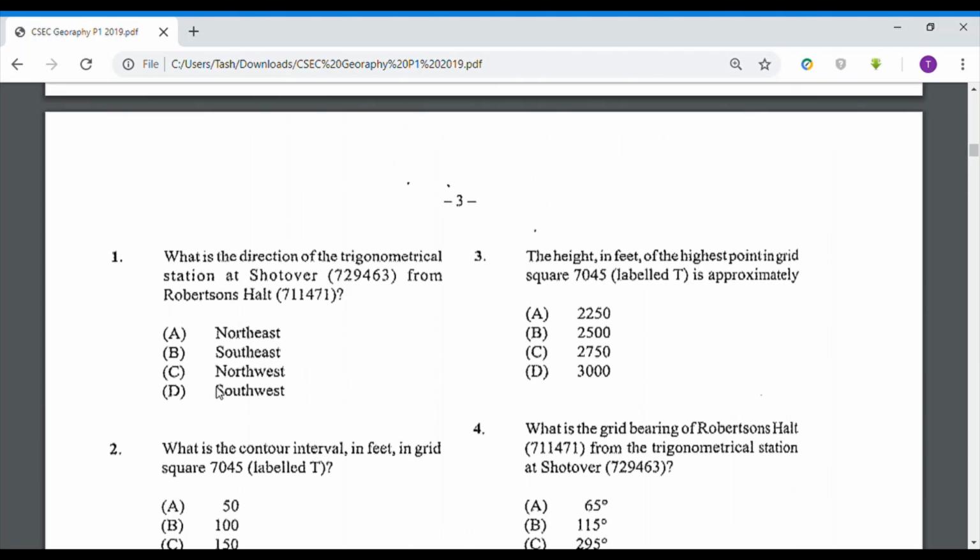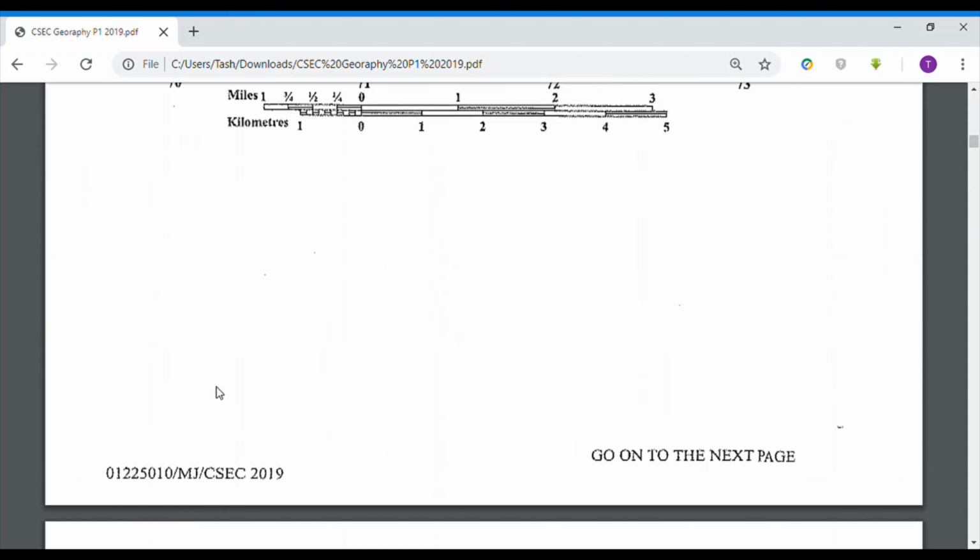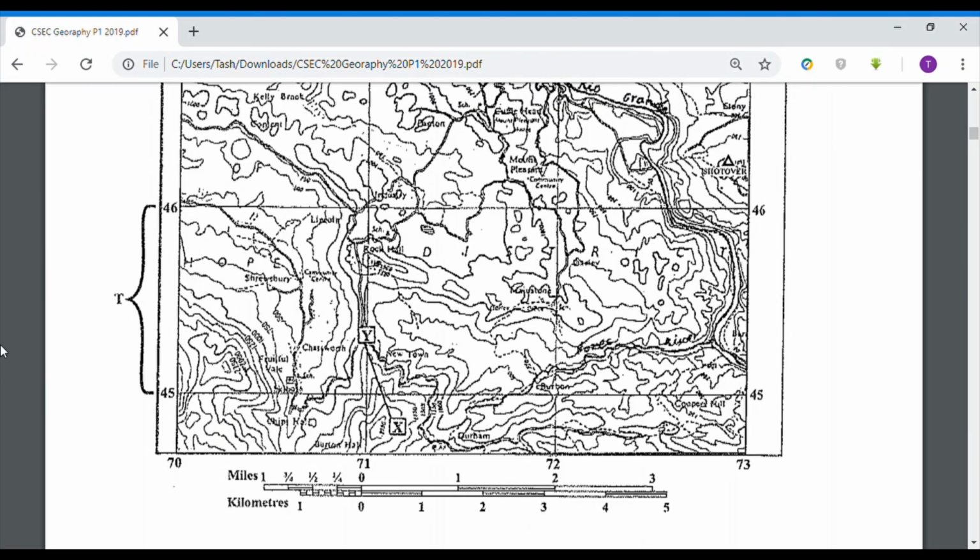For number 3, the height in feet of the highest point in grid square 7045, which is labeled T. So they're asking you to identify the highest point in the grid and say what the height is in feet. Back at the grid here, started at 500. If we're going up by 250, even if it is a little difficult to see the numbers, you know that you're going up by 250.